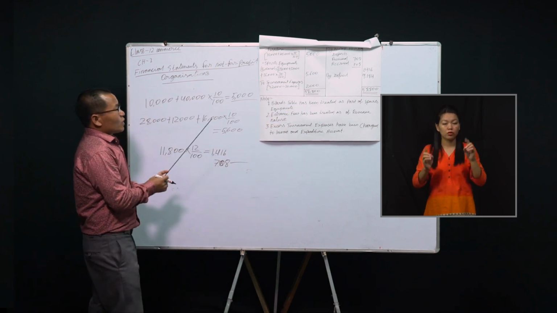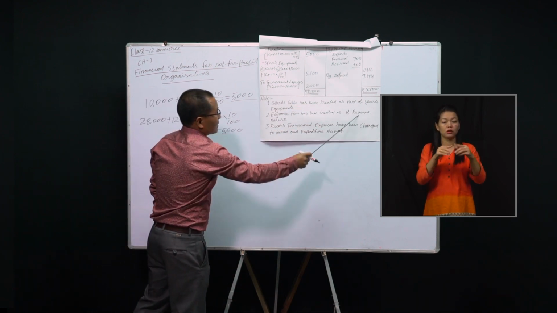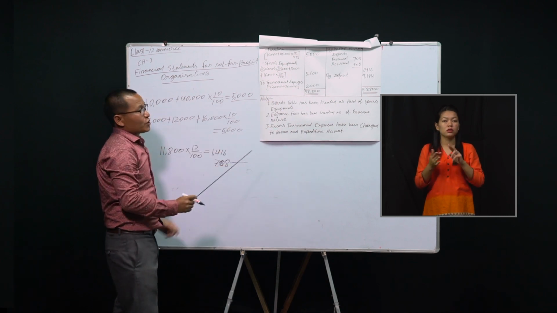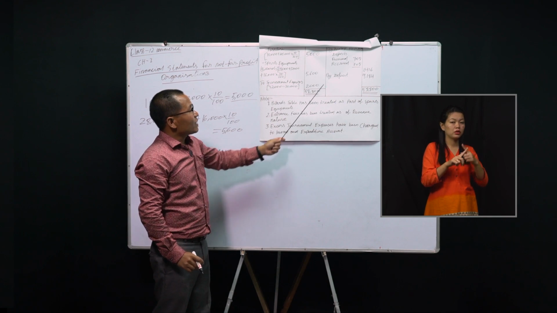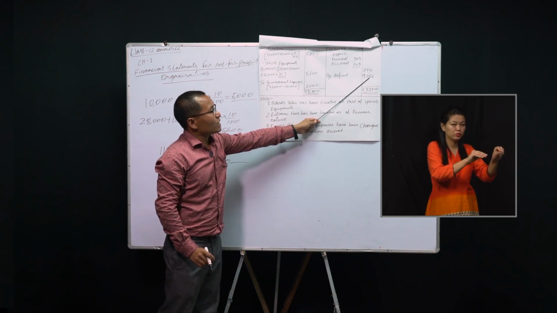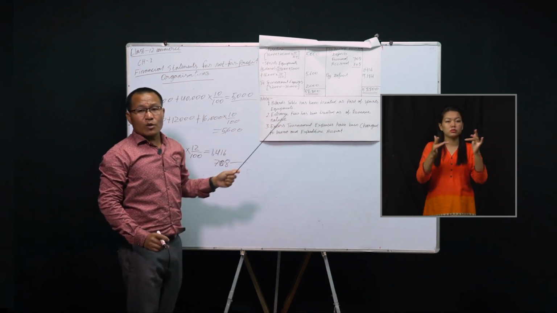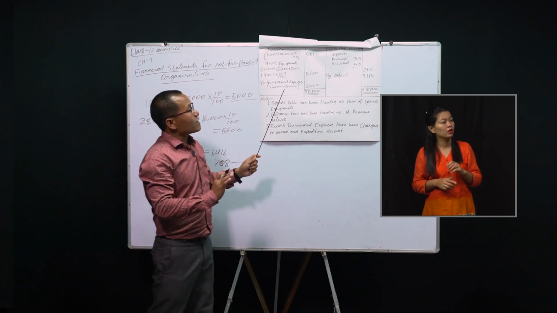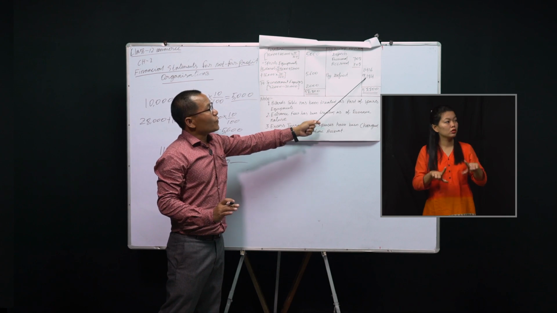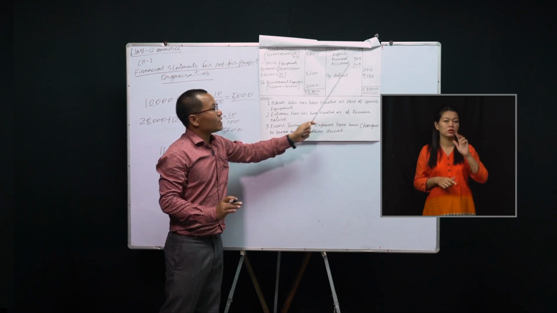So when you total on the income side and on the expenditure side, there is a deficit. There is a deficit, that is 9,108. There is no surplus, there is no profit in other words, but there is a deficit, a loss of 9,108.